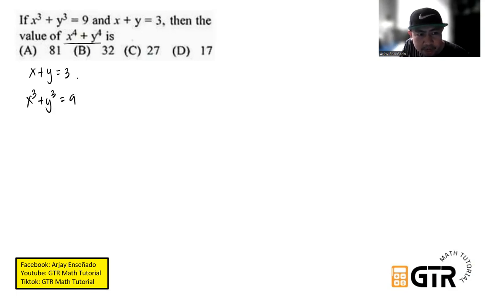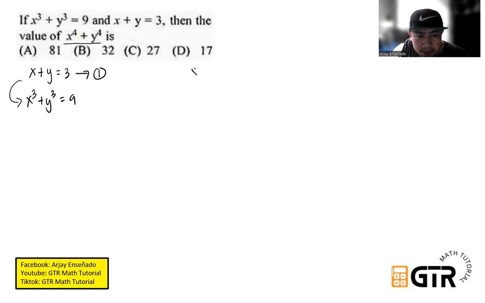We have x plus y equals 3 for equation 1 and x cubed plus y cubed equals 9. Let's find a way to use x plus y equals 3 to come up with the equation x cubed plus y cubed equals 9. Let's cube both sides of equation 1.